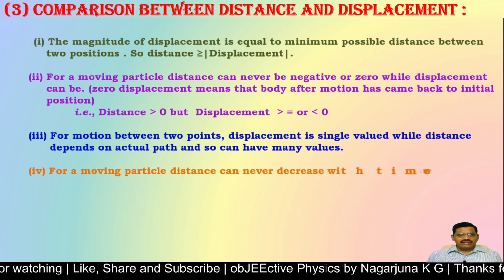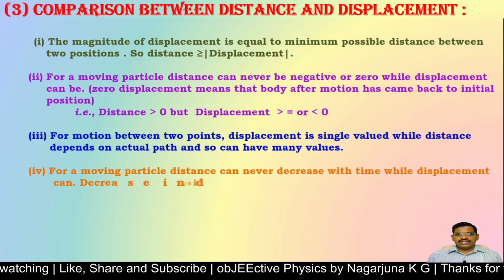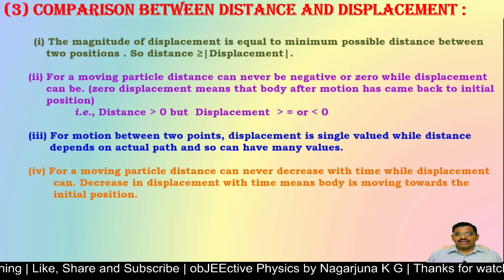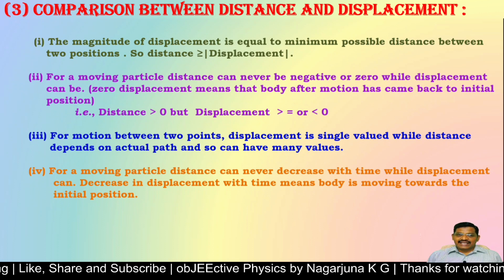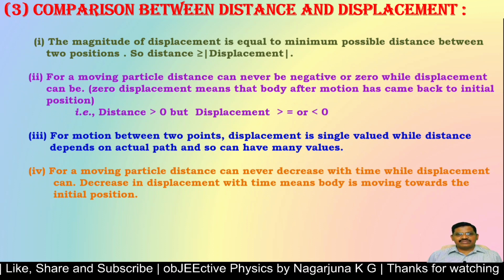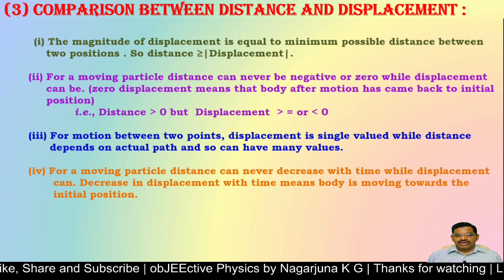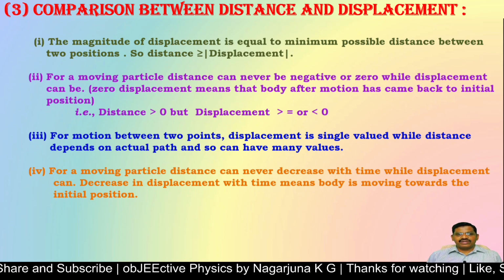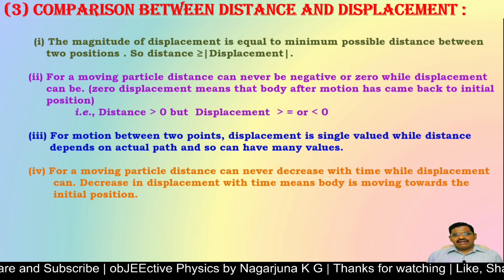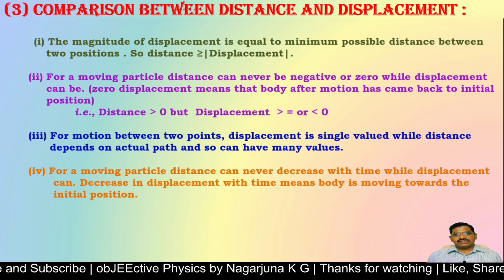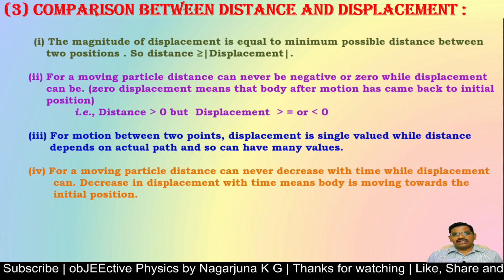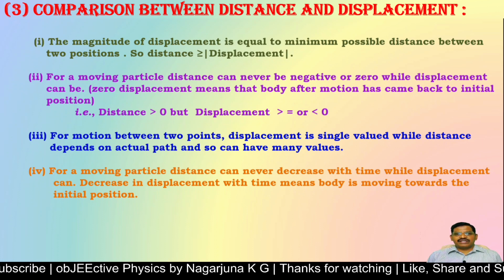And fourth point, for a moving particle, distance can never decrease with time, while displacement can. Decrease in displacement with time means body is moving towards the initial position. So, distance never decreases because it is a path length. If the particle is moving in any direction, we should count the complete path length with time increasing.